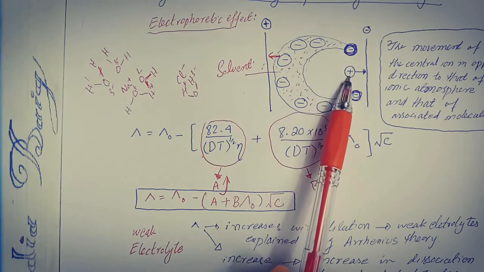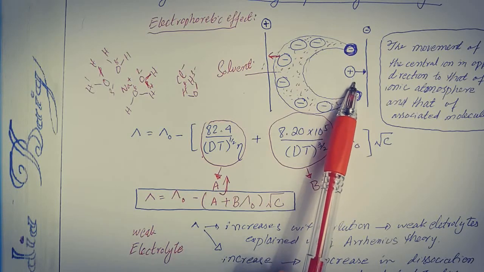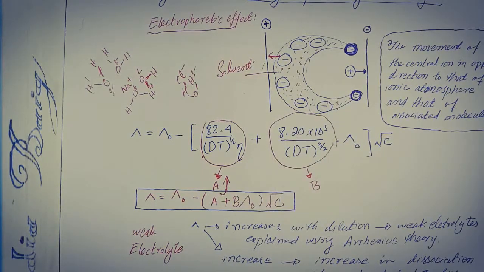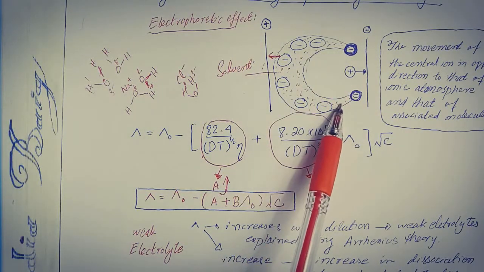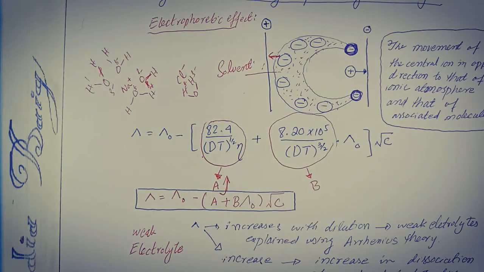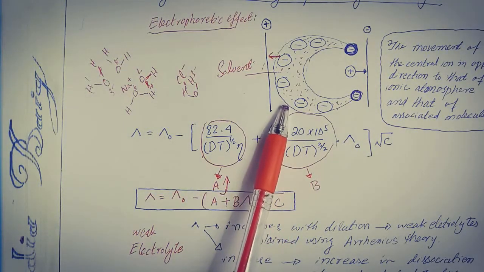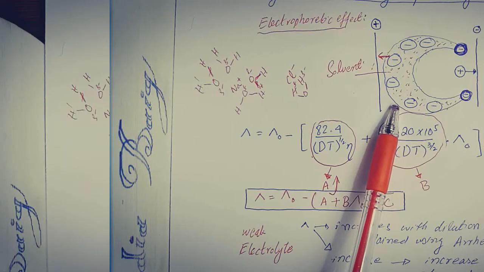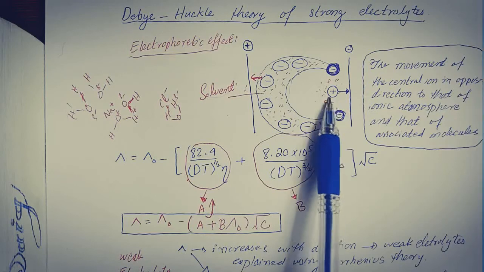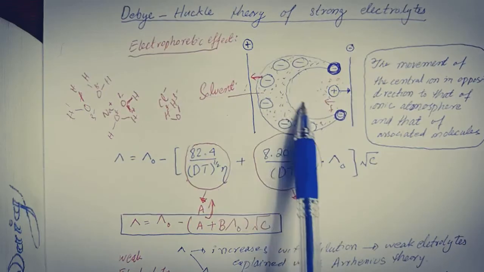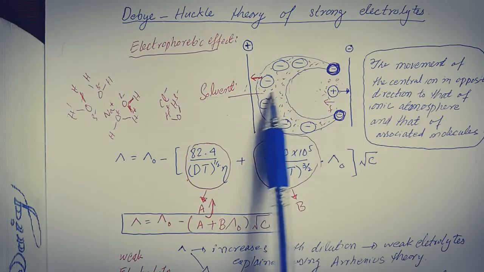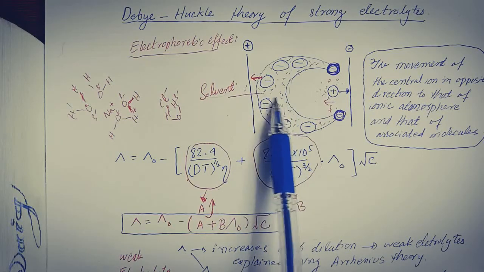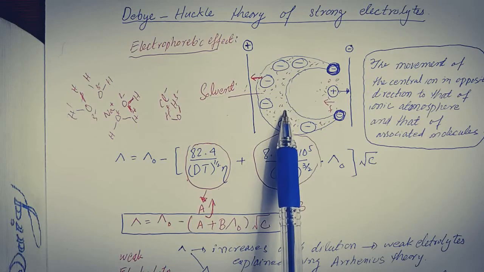Hence, the motion of this central ion is retarded. This retardation effect is known as the electrophoretic effect. And here we have the medium represented as dots, and the motion of the central ion is in the opposite direction to that of the ionic atmosphere and that of the associated molecules.